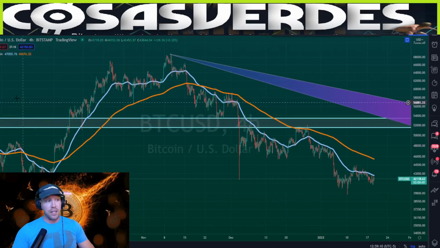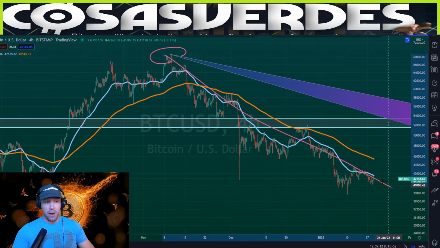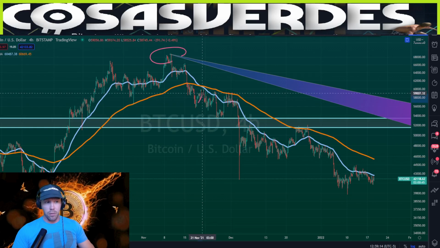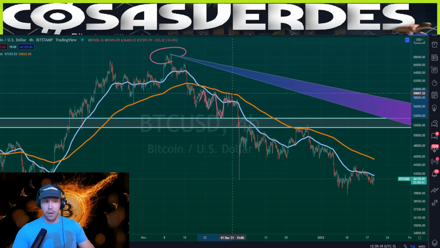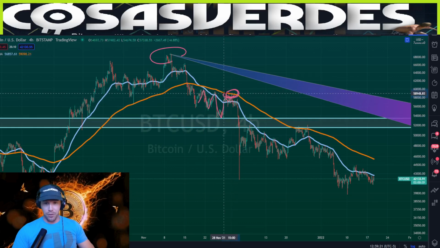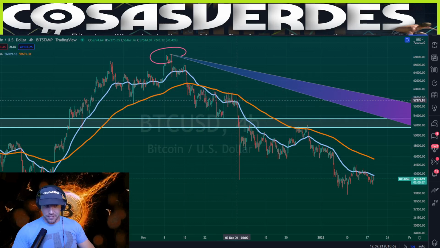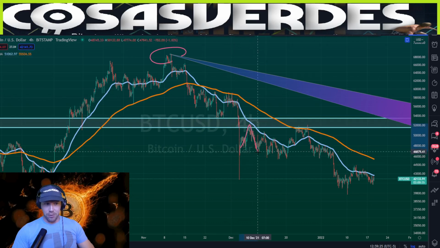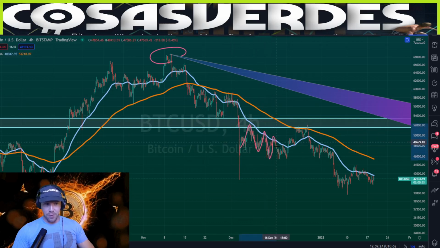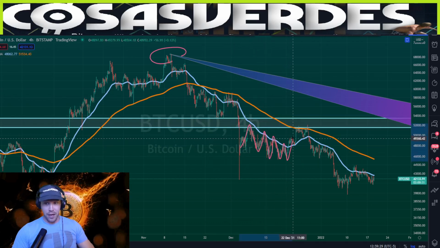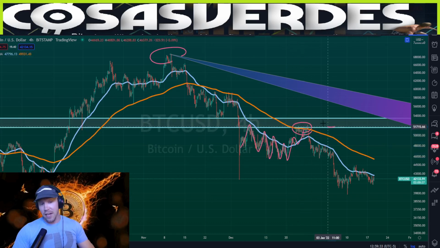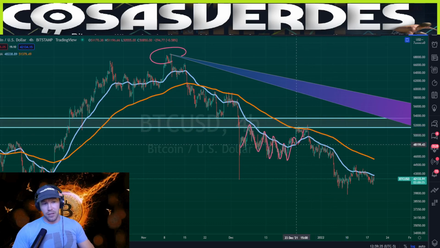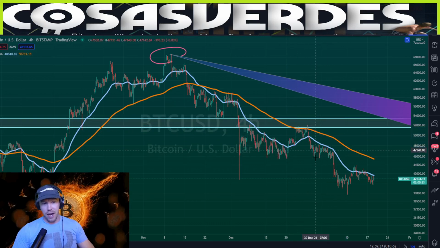From the 69K top, the whole way down, look: rejected by the blue line, rejected by the blue line, got above the blue line, but rejected by step number 2, which is the orange line. Try it again. Rejected by the blue line, rejected again and again, got above the blue line, then rejected by step 2, and technically step 3 at that time, but rejected by step 2, back down.